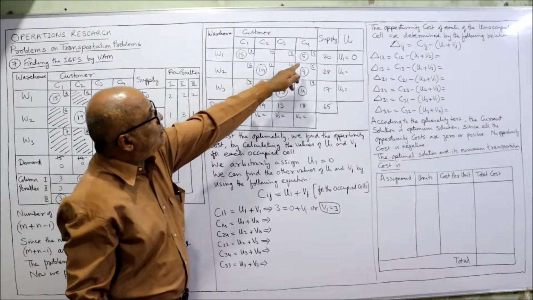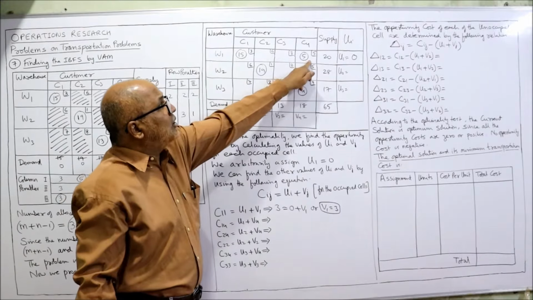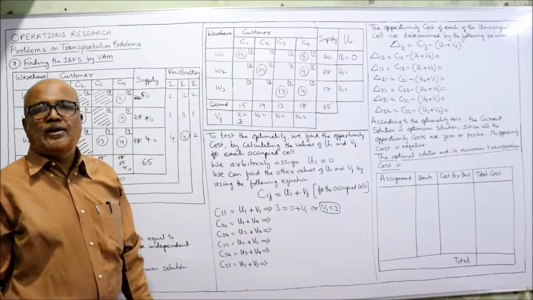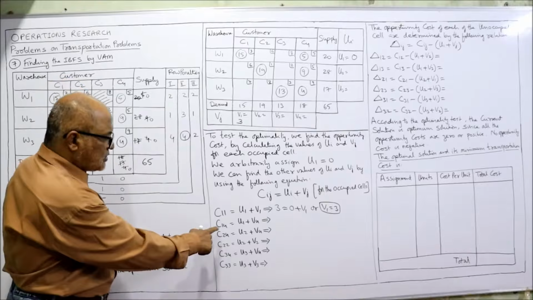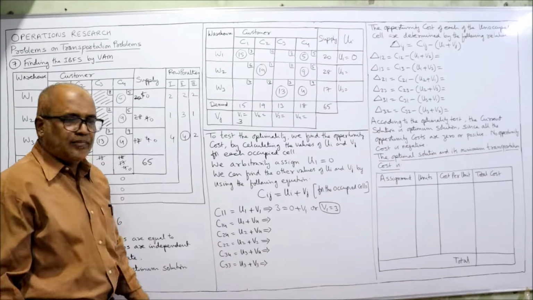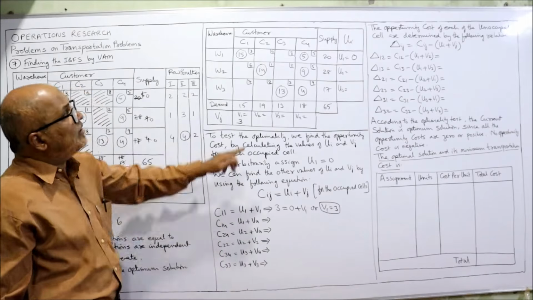Now the second occupied cell is this one. What is the location of this cell? First row, fourth column, C14. So C14 is equal to U1 plus V4. How much is C14?